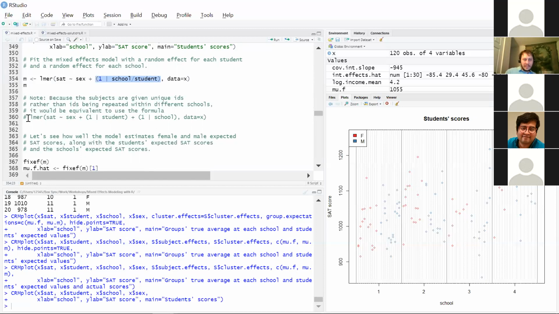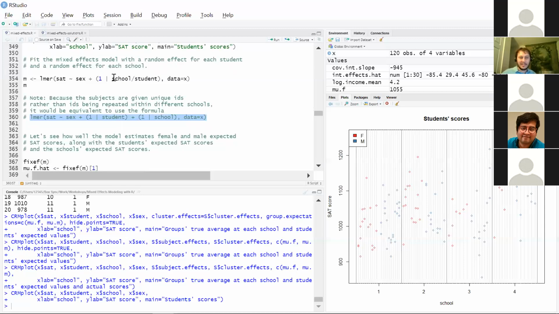Now, actually, if you see in the comments here, in this case, you could also just have a term that is the effect for student and another term that's the effect for school. That would work fine in this case. I want to warn you that it's not ideal, because if you happen to number students in such a way that they weren't unique, like school 1 had students 1 through 10, school 2 had students 1 through 10, and they're different students, but they've just been given the same number at different schools, then if you do it this way, it's going to think that student 1 at school 1 is the same as student 1 at school 2, and they're going to share a common student effect.